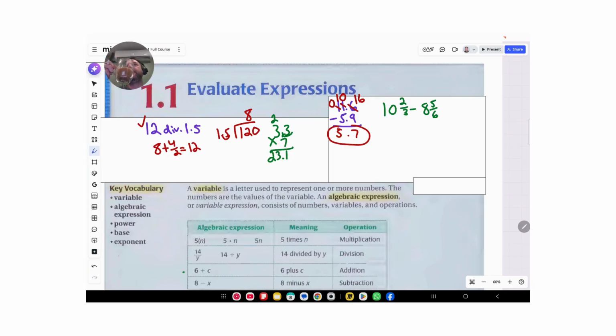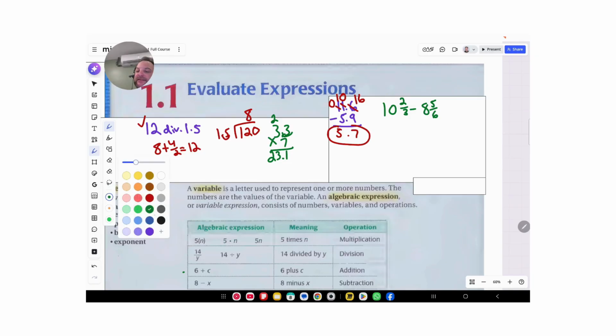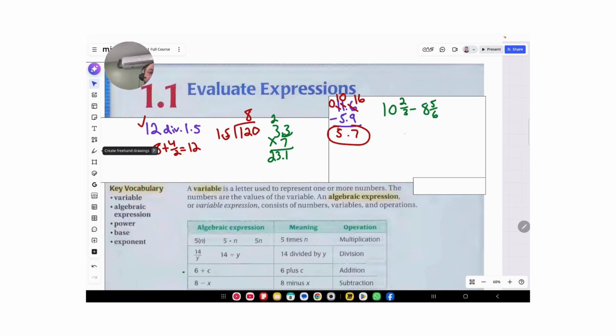All right, so here I can find a common denominator. We need a common denominator for thirds and sixths. Oh, 3 and 6 are good numbers to work with, right? 3 goes into 6. So let's go ahead and jump over to 6.